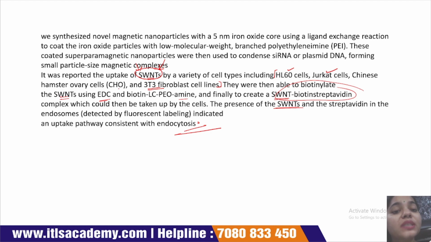We also use this approach for transferring nucleic acid into the cells. First, we use the magnetic nanoparticle.